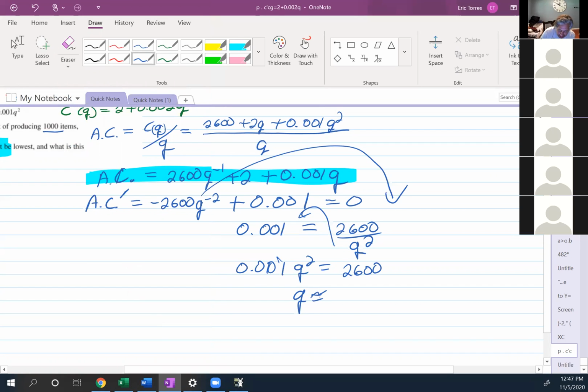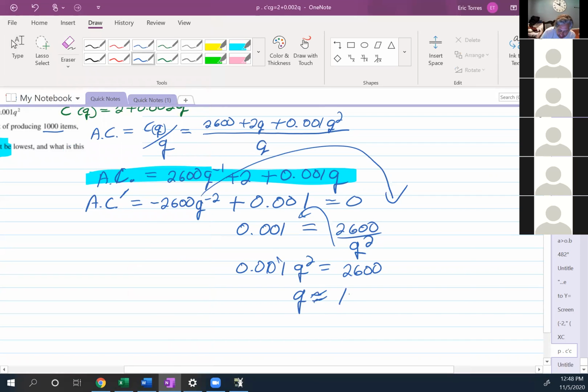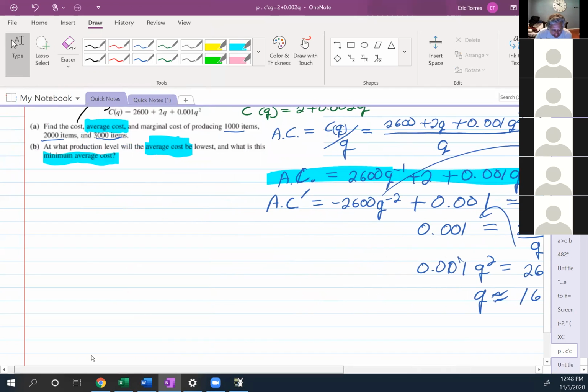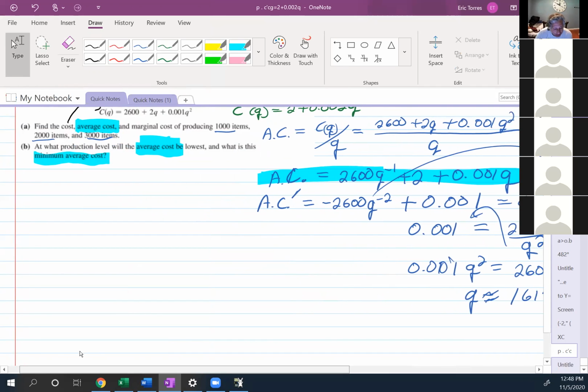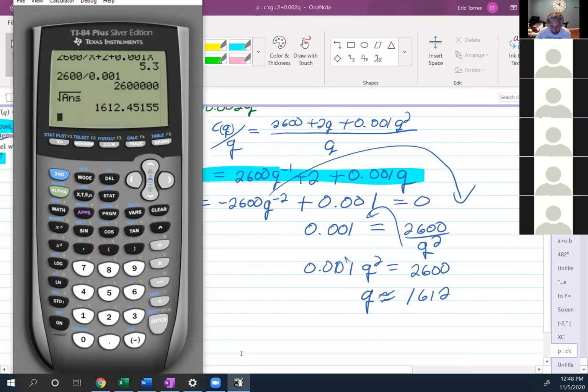Q is going to be approximately 1,612. At what production level? That's the production level, 1,612 if I round it to the nearest unit.